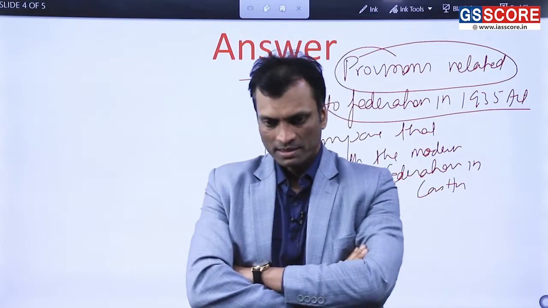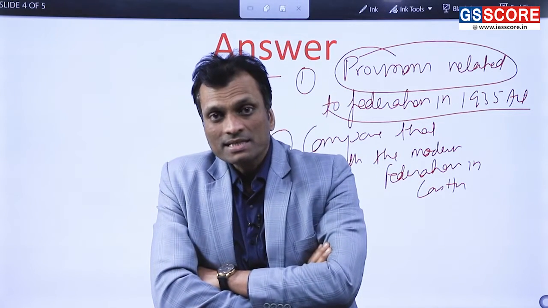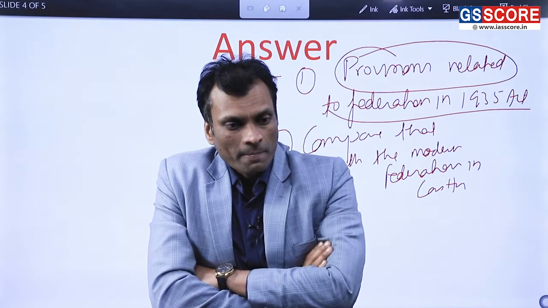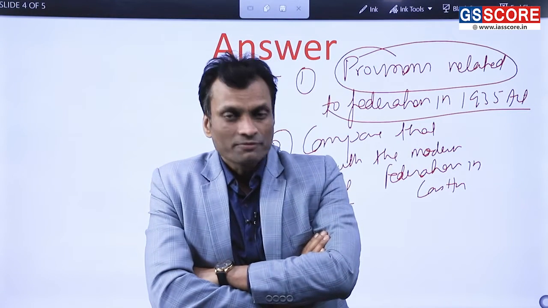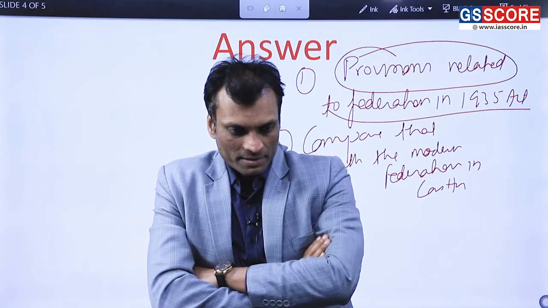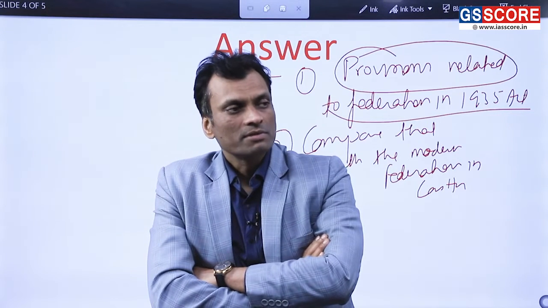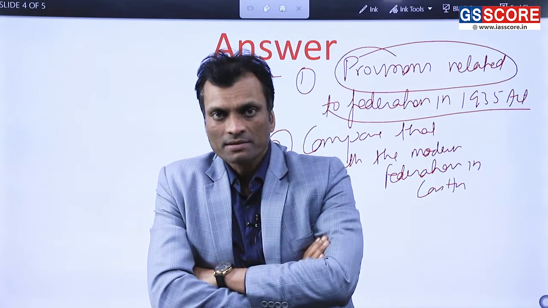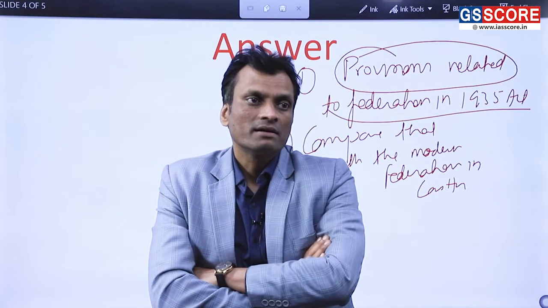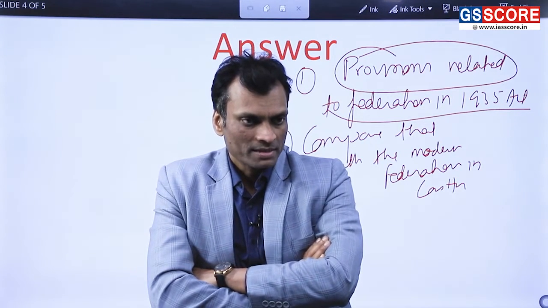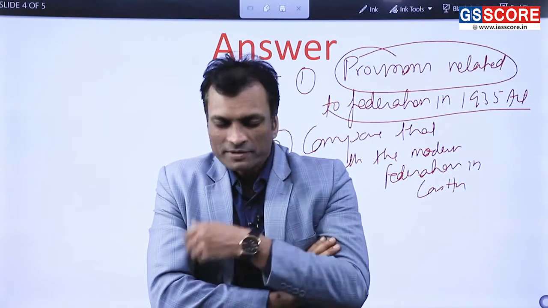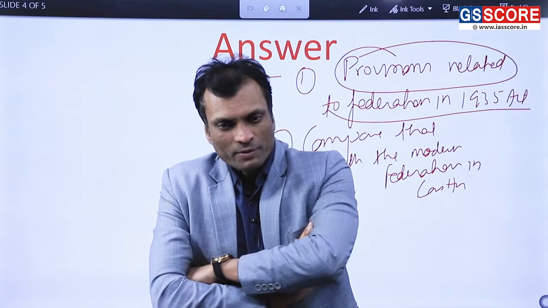Princely states were given a disproportionate weightage in the federal polity. Not only the British provinces, but also the princely states were given almost 40% of the weightage in the federation, joining the federation.